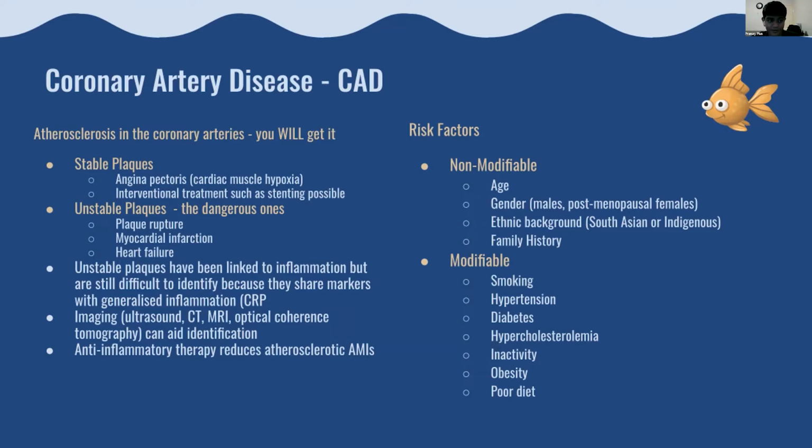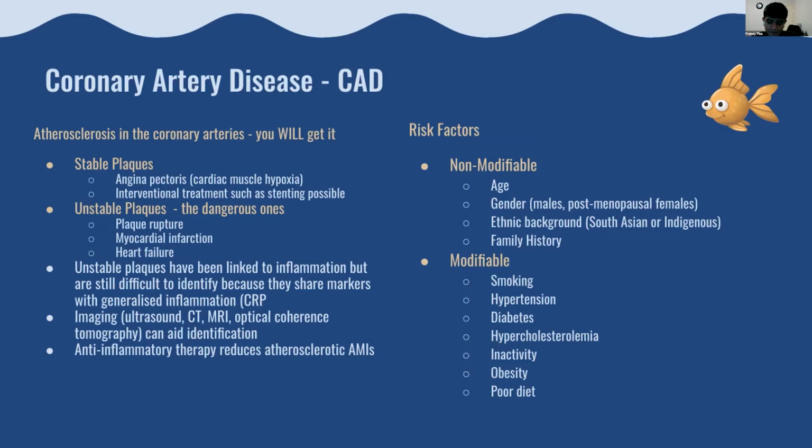Risk factors for atherosclerosis we can break down into non-modifiable and modifiable. The non-modifiable ones are age, gender, ethnic background, especially South Asian or Indigenous individuals who are at a much higher risk of CAD, and family history. People who have a family history of coronary artery disease are also at higher risk.